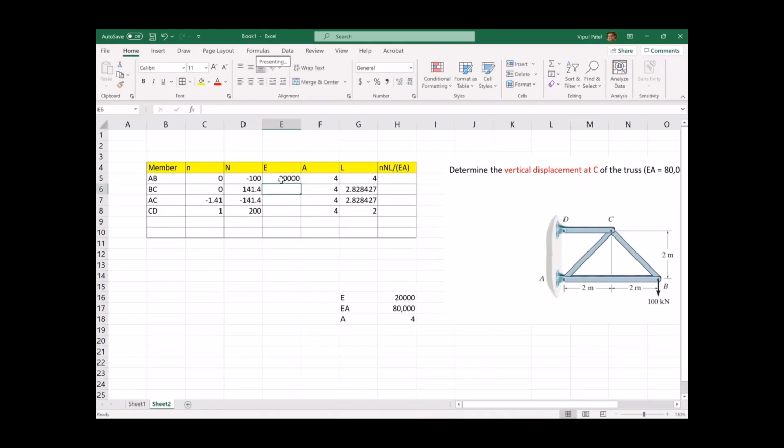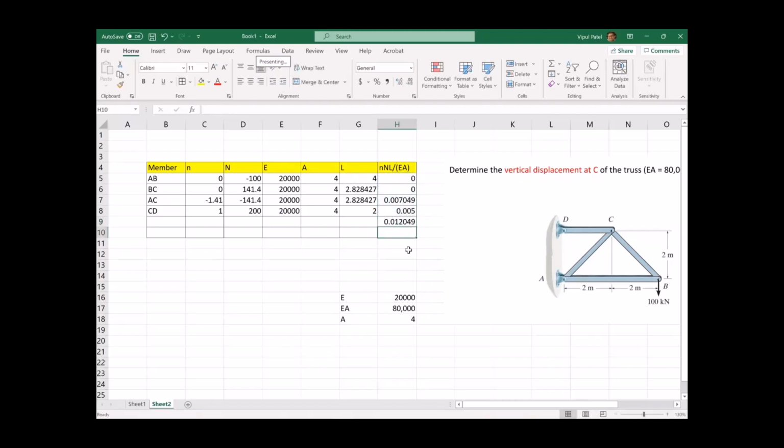Now we can just do this one times this, divided by EA. So that's done here, and you can just use the sum function, and select all.